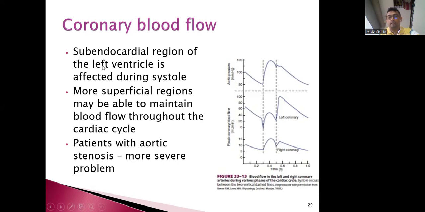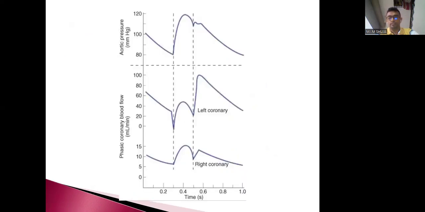The subendocardial region of the left ventricle is affected during systole. Other parts are not affected during systole and diastole. If you look at this graph, this is the aortic pressure, this is the ventricular systole. During that time, the left coronary artery blood flow is reduced.